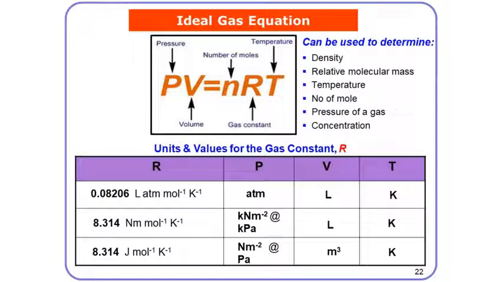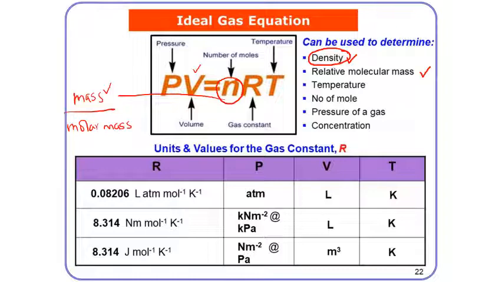The ideal gas equation is important because it can help us to determine the density. As we know, the number of moles can be expanded to become mass over molar mass. By rearranging the formula, when we have mass and volume, we are able to determine the density. At the same time, when we expand the number of moles to mass over molar mass, we can determine the molar mass.